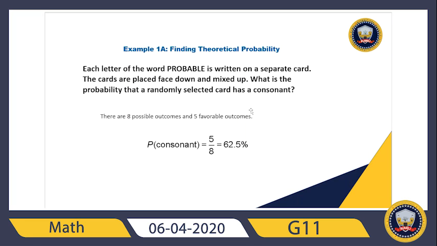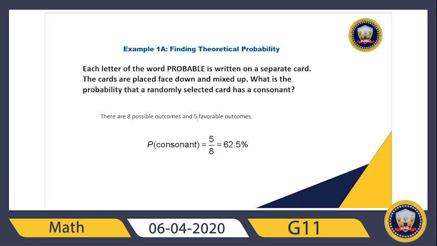So how do we find the answer to this question? Basically, I have to count the consonants, which are the favorable outcomes in this case. It's 5. Why is it 5? Because if you choose all the consonants of this word, you would say 1, 2, 3, 4, and 5, because I'm writing this B once.